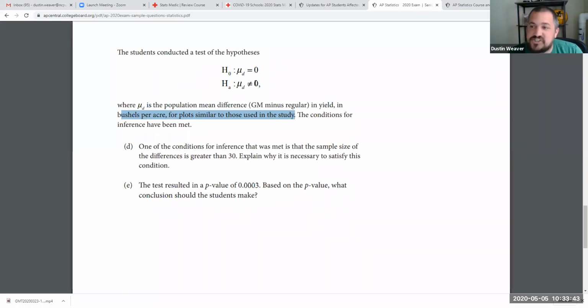So there is sufficient evidence to suggest that the population mean difference in yield in bushels per acre for plots similar to those used in the study is different. So again, when we reject the null hypothesis, we have sufficient evidence to suggest that this is true.